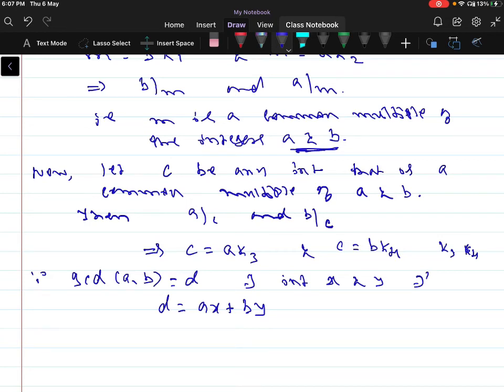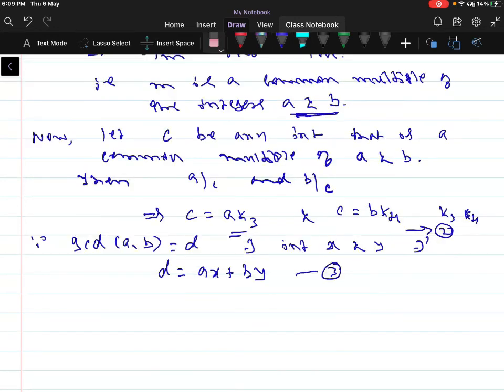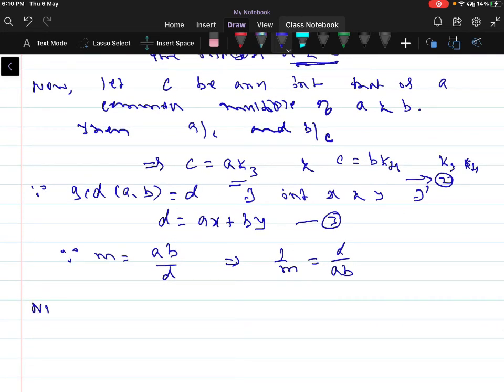Let us take this as equation number 3. Since M is equal to AB by D, this implies 1 by M is equal to D by AB. So now C by M is C into D by AB.